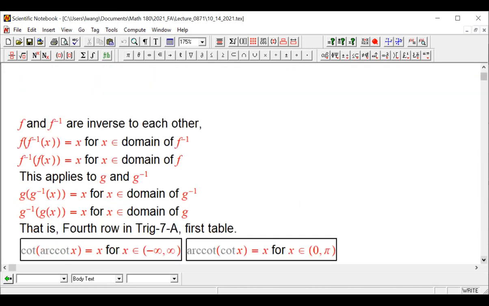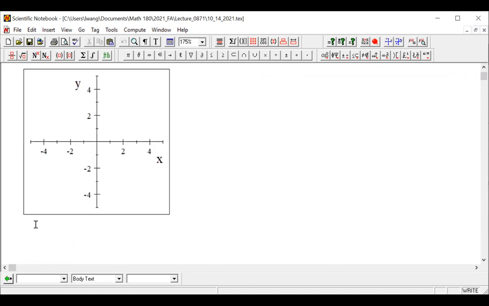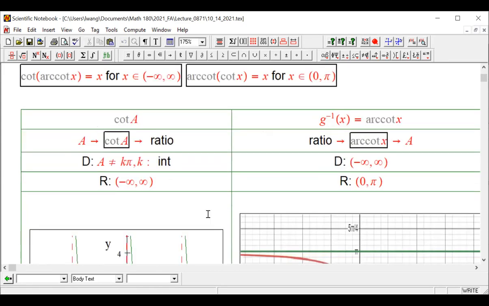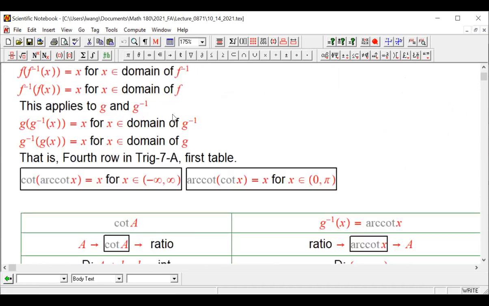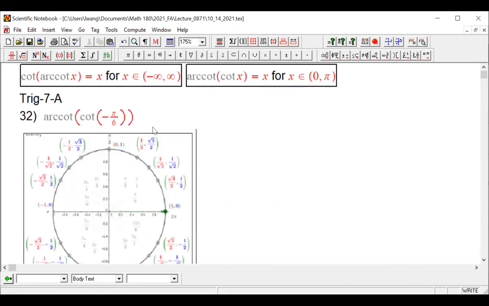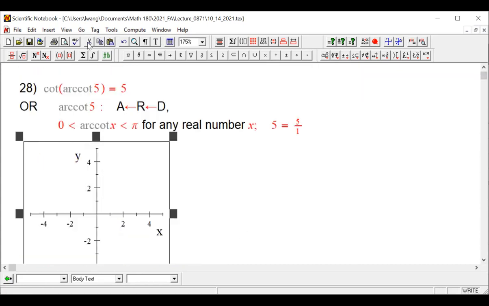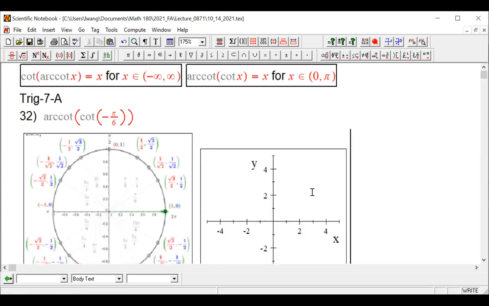Because this is a special angle, we can borrow our special angle. Even if it is a special angle, you don't have to use that. You can still use this, which may give you more freedom.